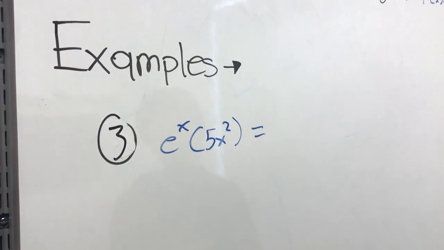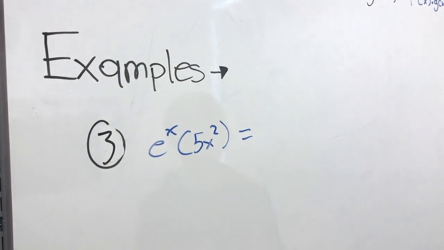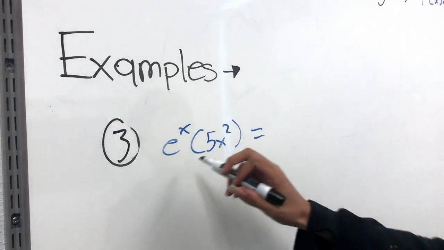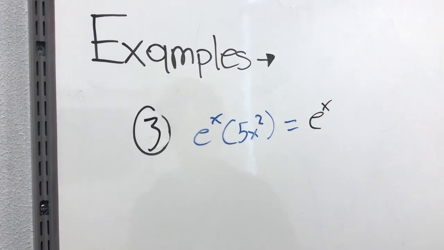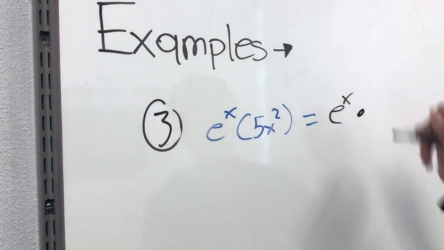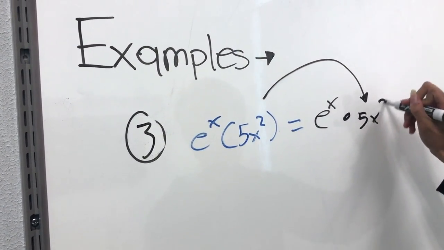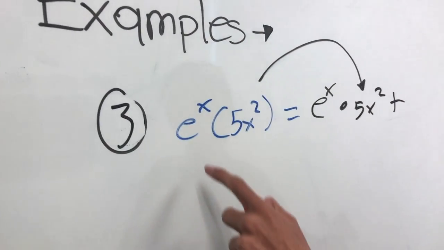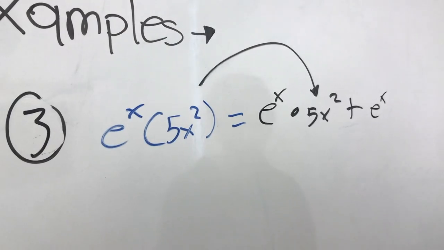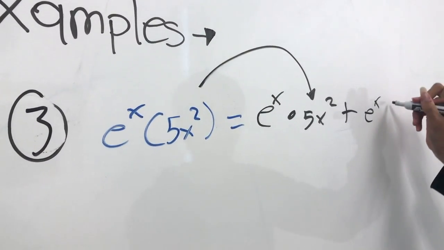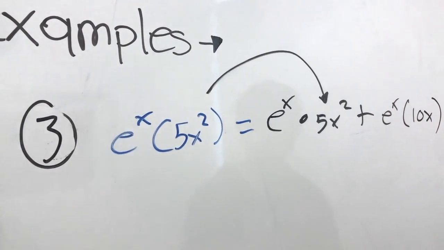For the last example, we're going to use e to the x times 5x squared. We get the derivative of the first one, which remains the same, times the non-derivative, so this stays the same, plus the non-derivative, which is e to the x, times the derivative of 5x squared, which would be 10x.